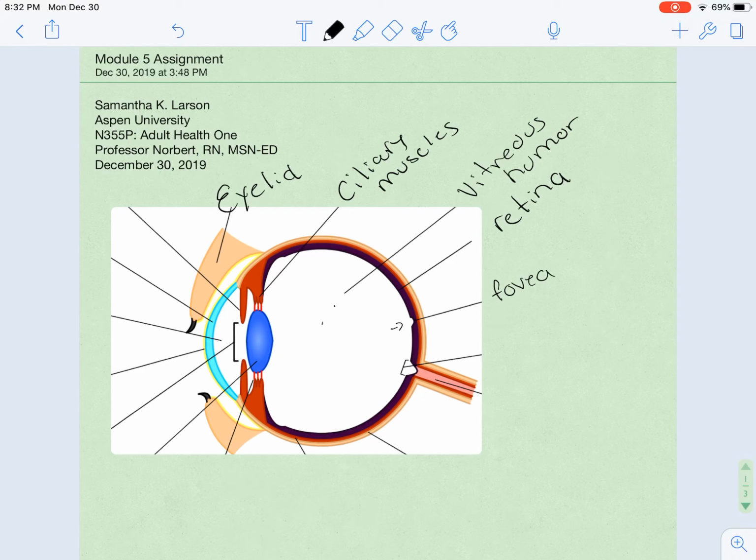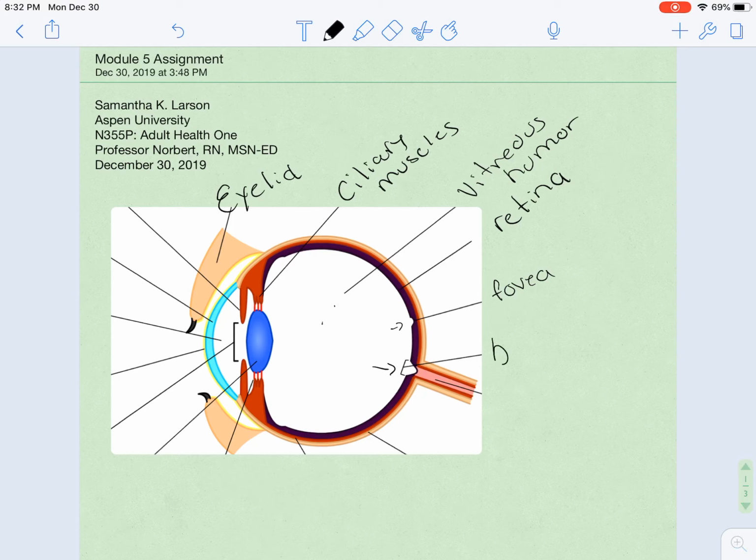The fovea is a small area of the retina, and it contains only cones. And then this little triangle area here is the blind spot. It's the point at which the optic nerve leaves the eyeball, and there is no retina.